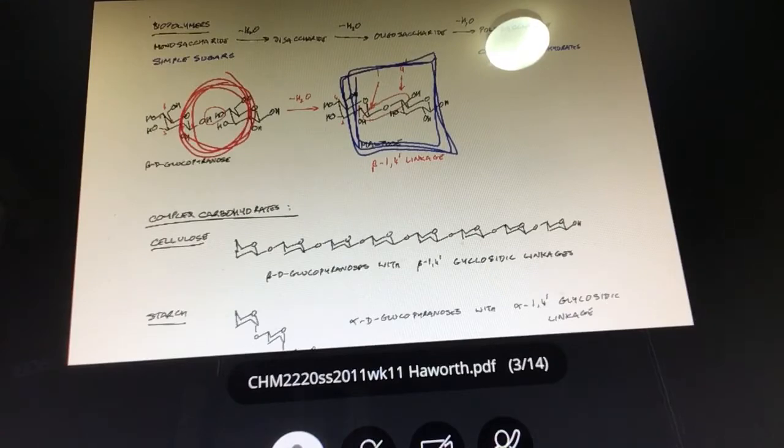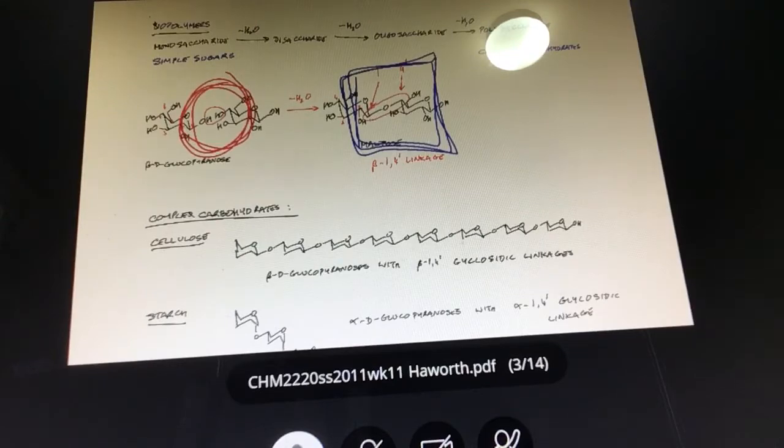I also have to tell you whether that linkage is pointing up or pointing down out of the sugar on the left. And if we look, the ether is being formed on an alcohol that is pointing up in an equatorial position from the sugar on the left, and up at the anomeric position is a beta.